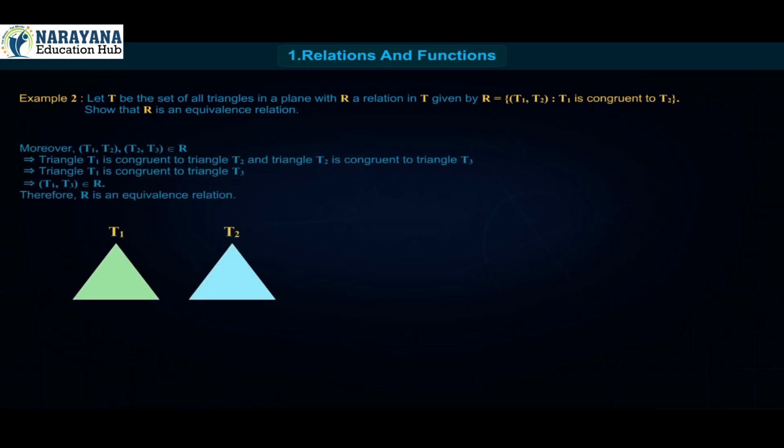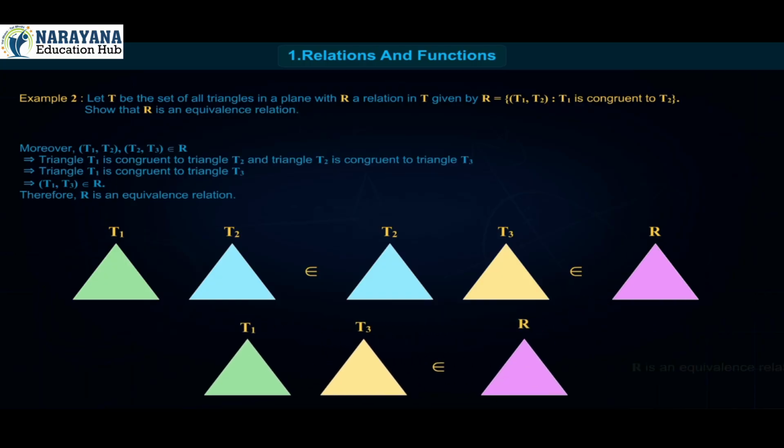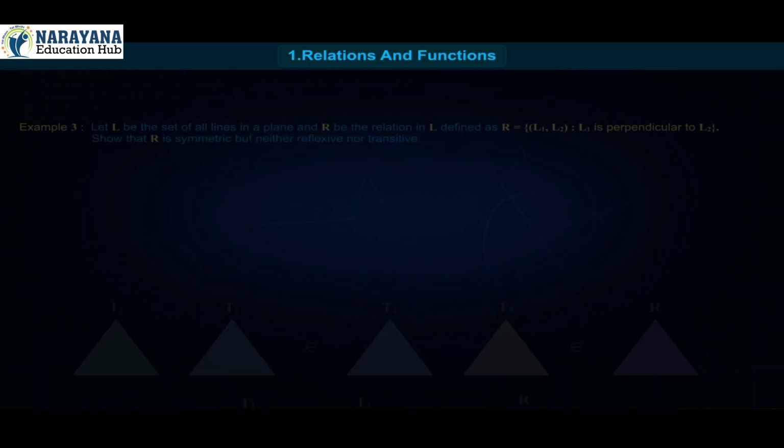Moreover, the ordered pairs (T1, T2) and (T2, T3) belong to R, which implies that triangle T1 is congruent to triangle T2 and triangle T2 is congruent to triangle T3, which implies that triangle T1 is congruent to triangle T3, which implies that the ordered pair (T1, T3) belongs to R. Therefore, R is an equivalence relation.